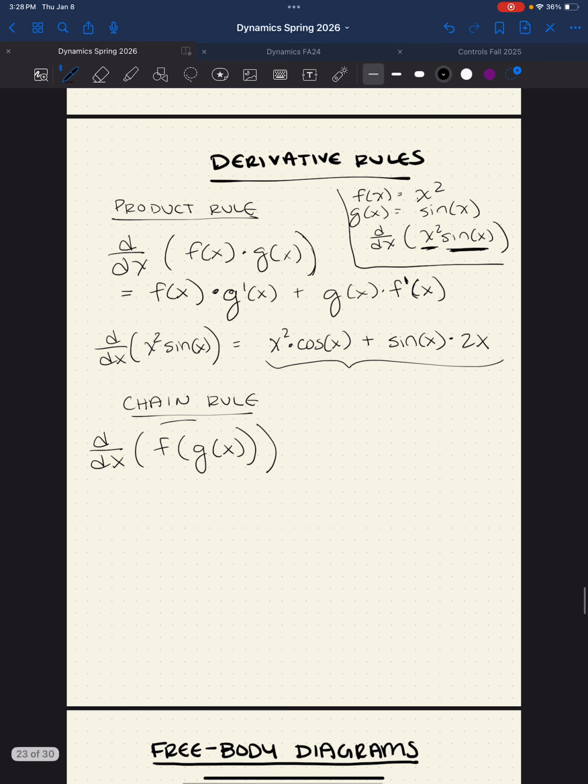So an example that I used here, I think, was if f were, maybe you have an f of theta where you have sine of theta. And then theta in and of itself is a function of x. So maybe you have theta of x is 2x plus 2.